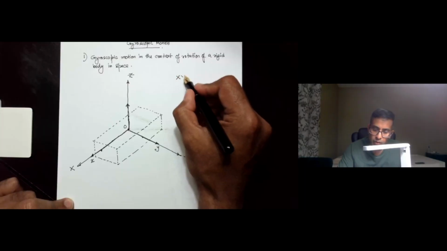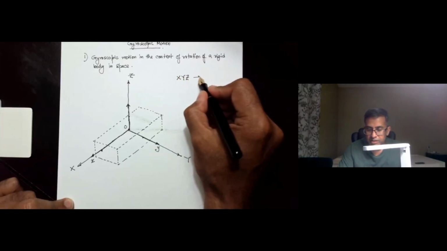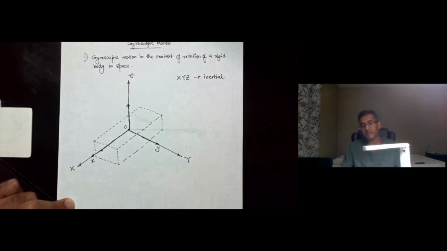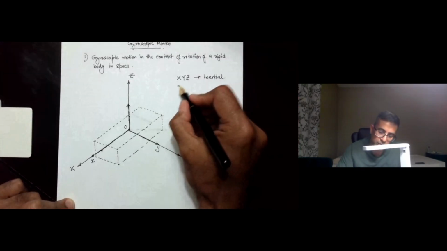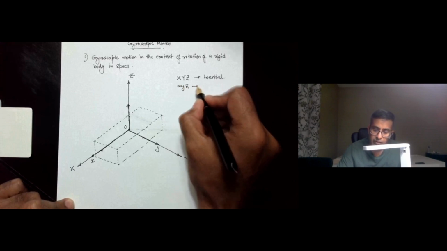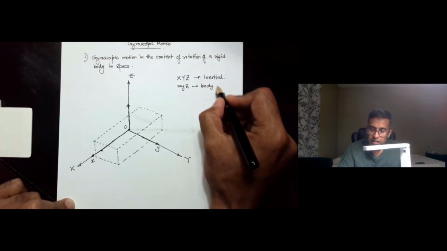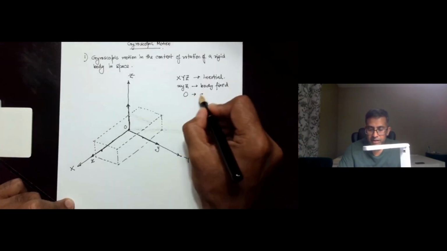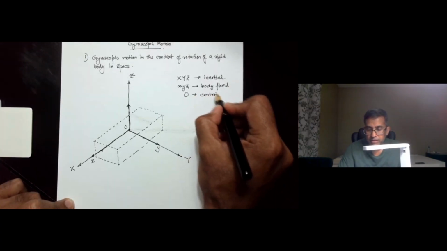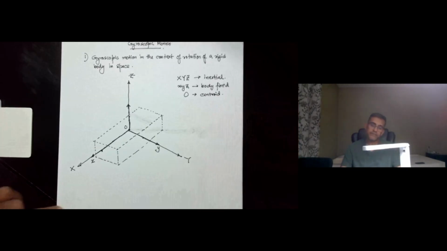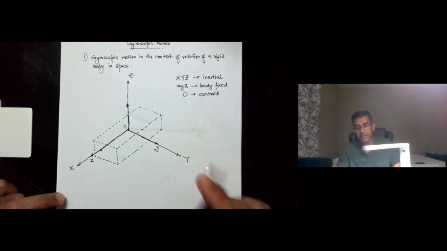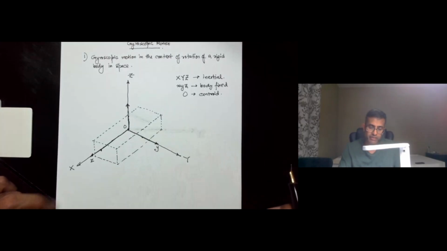So capital XYZ is inertial, meaning that in this case it is fixed in space, and small xyz is body fixed, and O is the centroid, the center of gravity. Because we are considering a symmetric body, the centroid will correspond to the center of gravity as well.